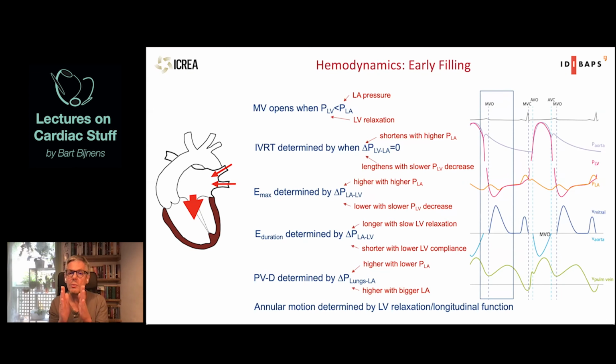In the left ventricle, zero or almost zero isovolumic relaxation time is highly likely very abnormal, because you can only have that when you have very high left atrial pressure.